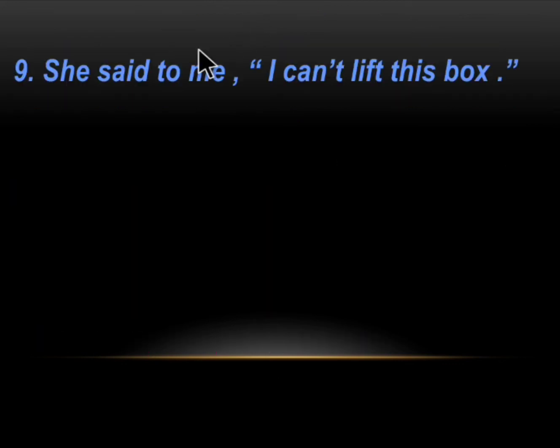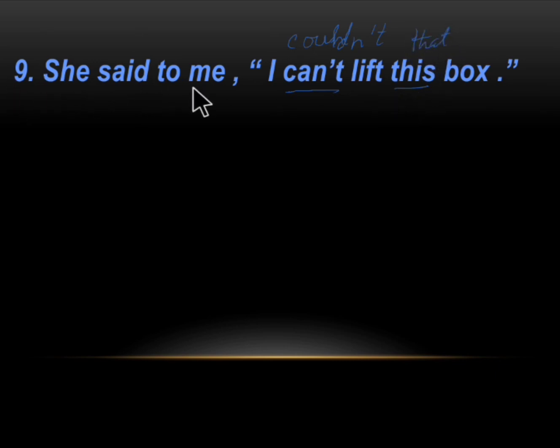The next example, she said to me, "I can't lift this box." This can't is the contraction of cannot. So instead of can't, we use could. Since it is the negative form and in the contraction, we use couldn't. This box will change to that box.